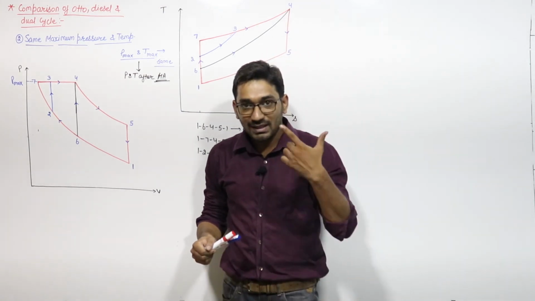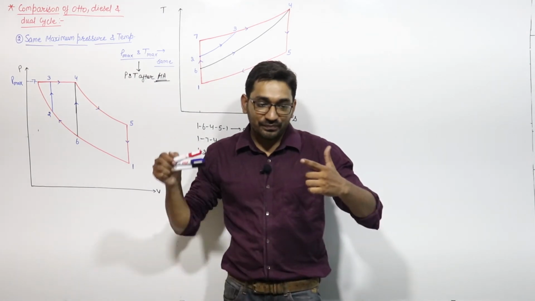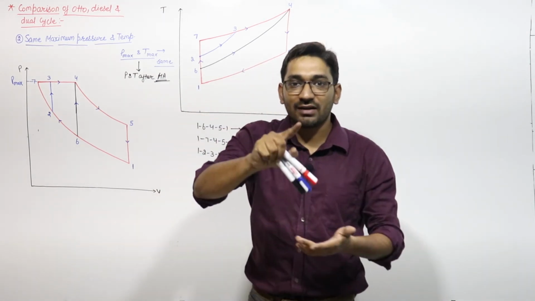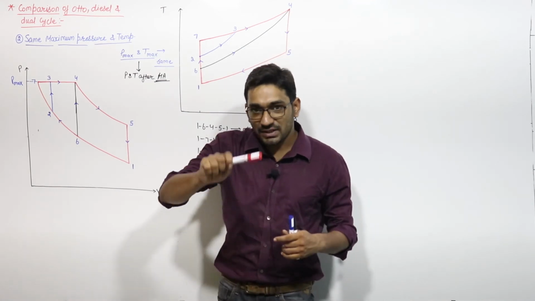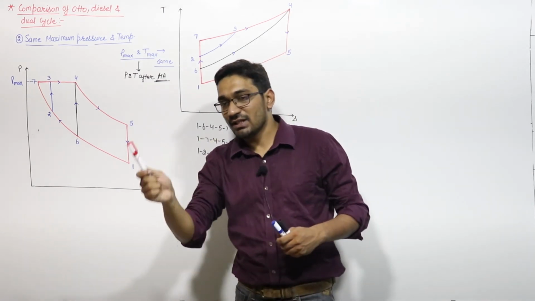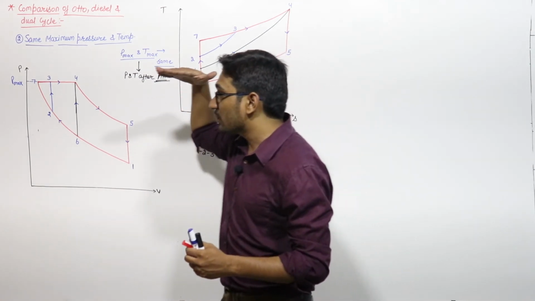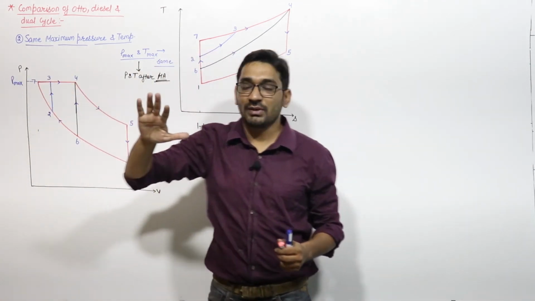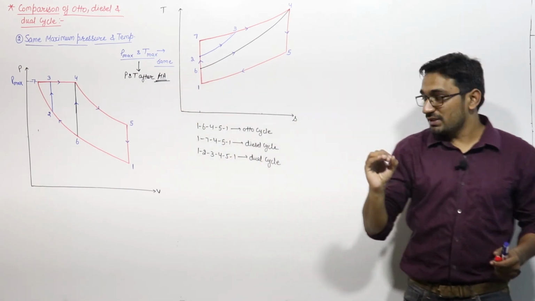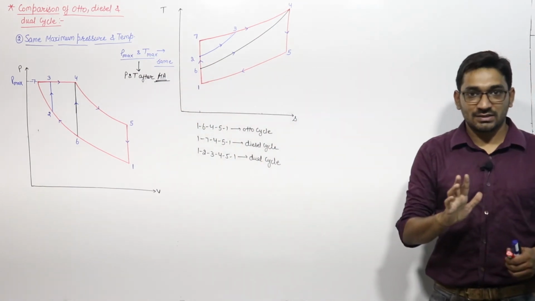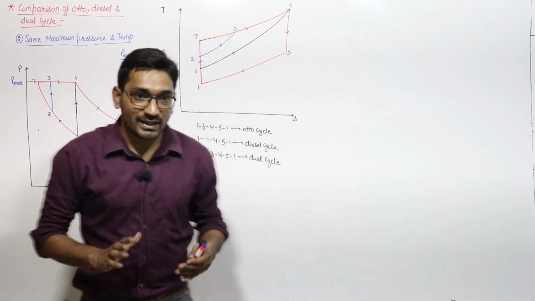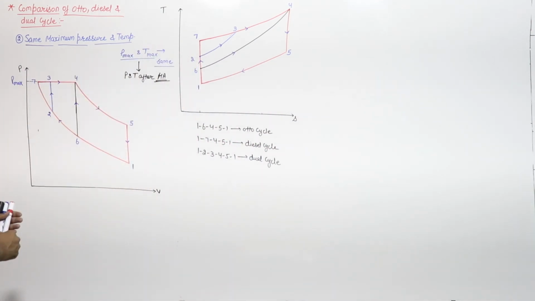So in the Otto cycle and the dual cycle, the pressure at the end of the heat addition process will reach this maximum pressure, because the condition is that the maximum pressure will be the same for all the three cycles.